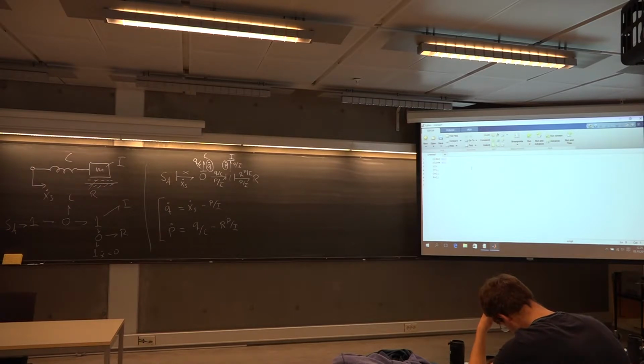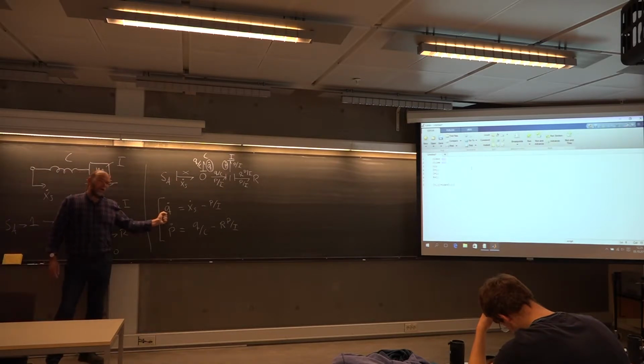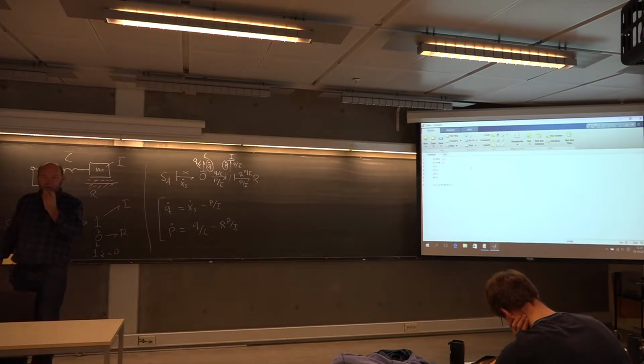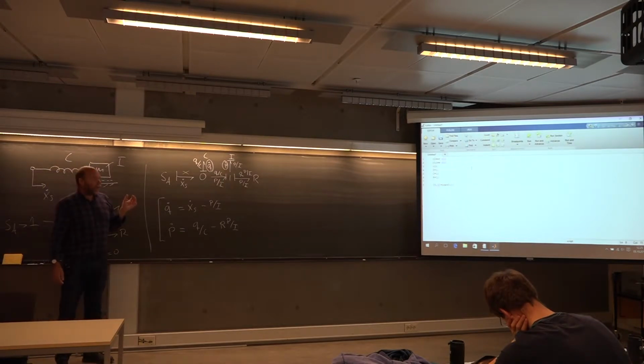So then it should be possible here now to write brutally t comma y equals ODE 45. So here I jump directly to an ODE solver for this one. That might be a bad idea. When you're struggling with a problem, maybe it's not the smartest choice to jump directly into ODE 45, because if something fishy is going on, something strange is happening, it explodes and gives you nothing back.